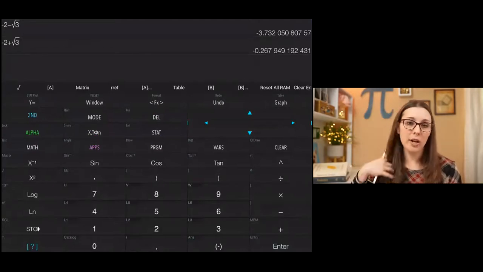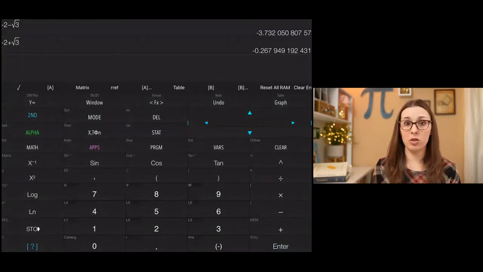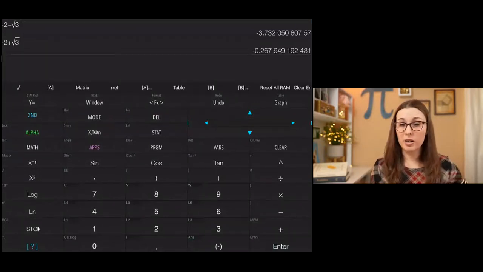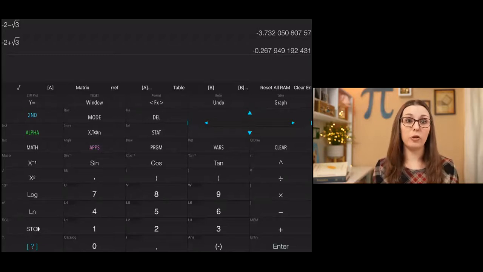These are decimal answers, which are approximations of the x-intercepts. The decimal answers are not exact solutions. So if a question is asking for an exact solution, it wants the solution with the square root. But if you're graphing, that's going to be a little hard to graph with a square root because you're like, where even is that? So you can approximate it with the decimal if you're graphing.